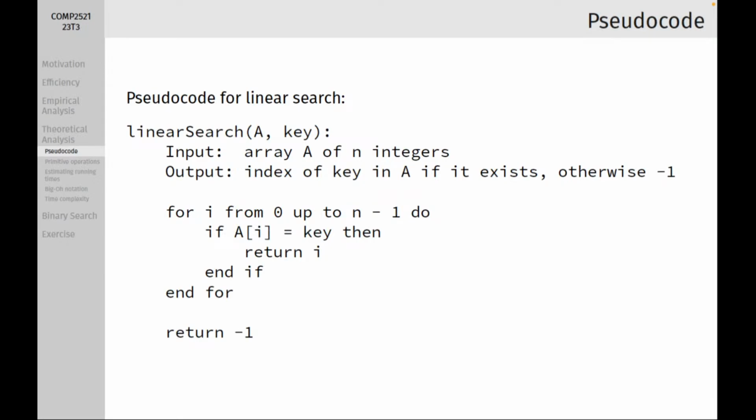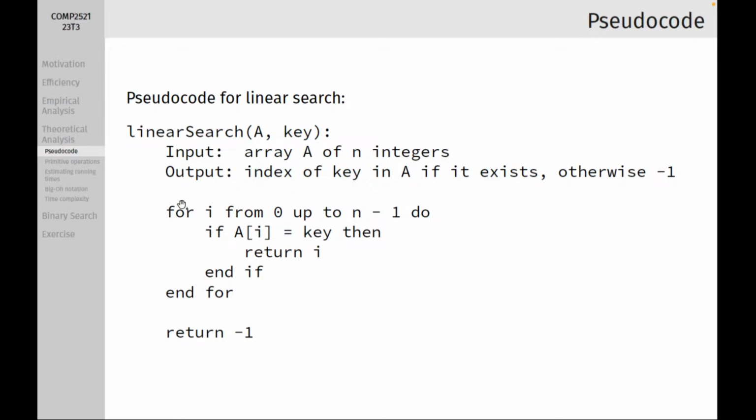So here's an example of pseudocode for linear search. How is the pseudocode formatted? Well, we have the function name at the top, and we have the inputs, and then we describe the inputs and outputs, and then we have some fairly readable language here.